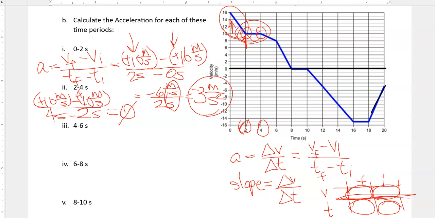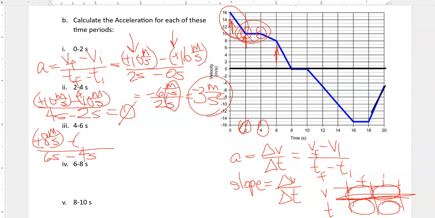If we look at the 4 to 6 second range, we can plug in 6 seconds minus 4 seconds in the denominator, and the numerator would be the value at 6 seconds. Well, at 6 seconds we can see it has a velocity of positive 8 meters per second.